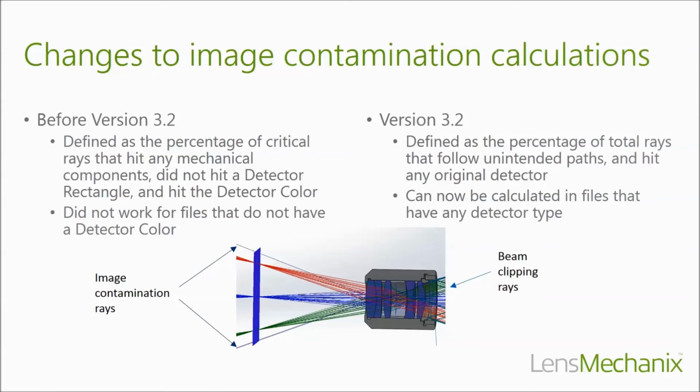Then they hit the detector color, but not the detector rectangles, which is where those rays come to the focal point. And on the right, you see the beam clipping rays, which are a little teal color. Those are just hitting the mechanical component and going away, so they're not actually going to the image plane.